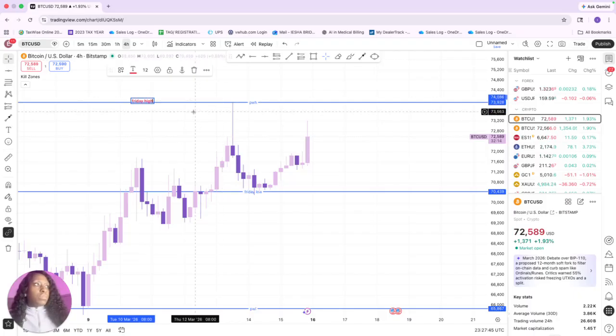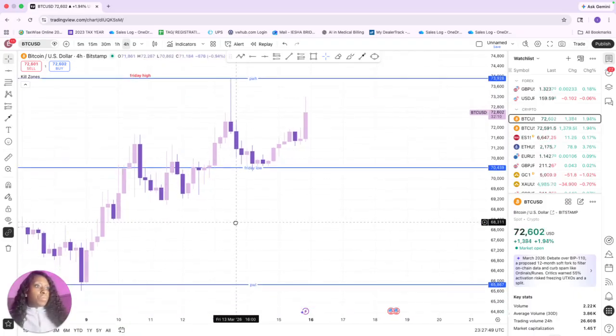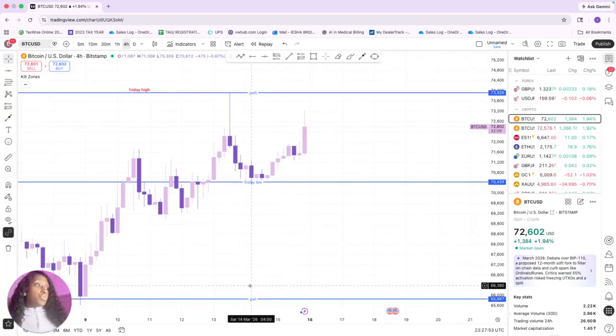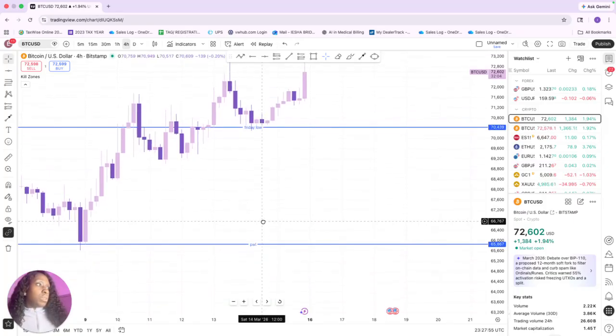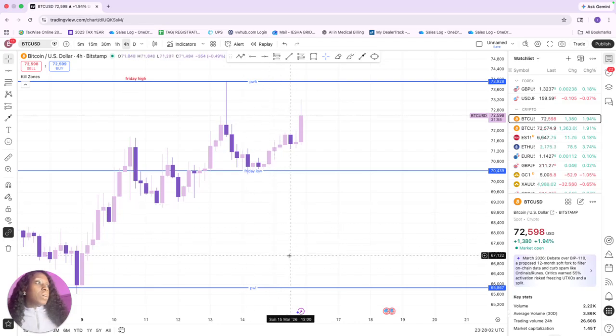And this is Friday high as well. So yeah, perfect. So now this is how I mark my key levels for the week. Previous week low, Friday low, previous week high, and Friday high. And you wait for reaction to these levels, right?